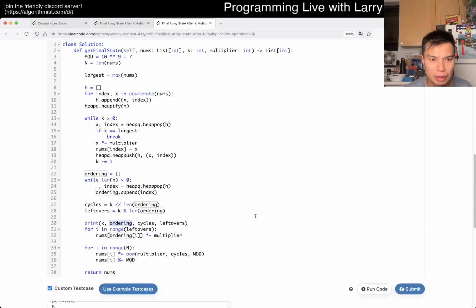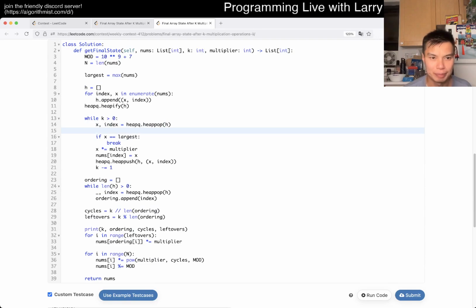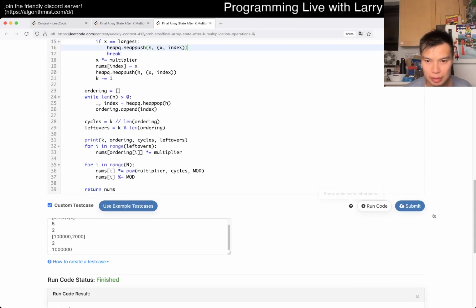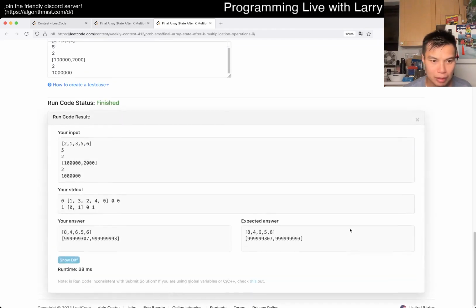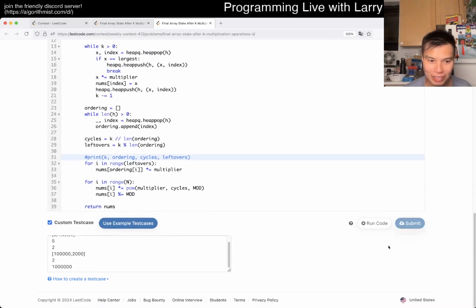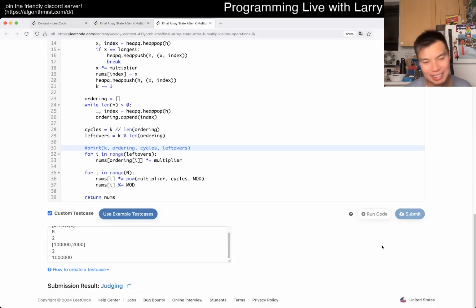But oh, because this is break. We have a print statement. YOLO submit. I think I just missed it, but it may be wrong anyway.